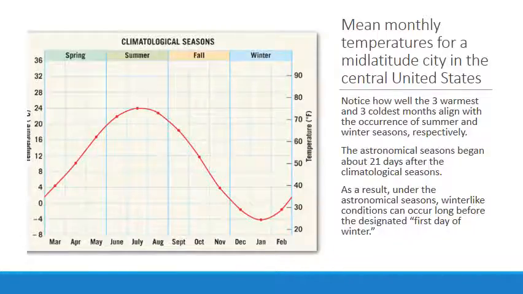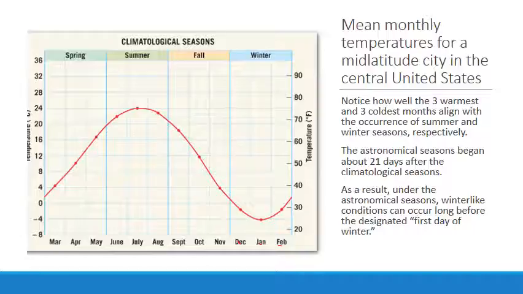Because the weather phenomena we normally associate with each season don't coincide well with the astronomical seasons, meteorologists and climatologists prefer to divide the year into 4 3-month periods, into quarters basically, based primarily on temperature. So winter is defined as December, January, and February, the 3 coldest months of the year in the Northern Hemisphere.